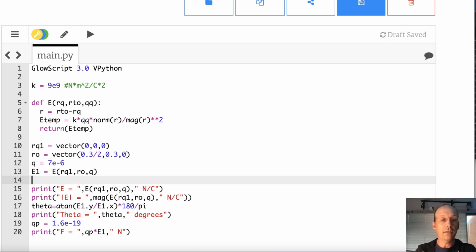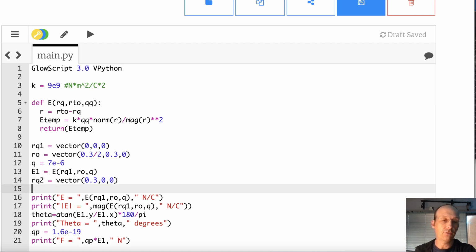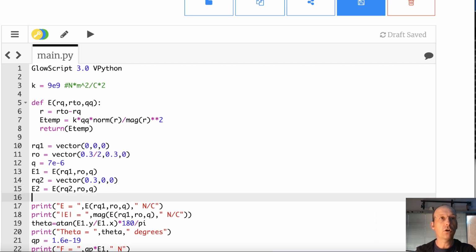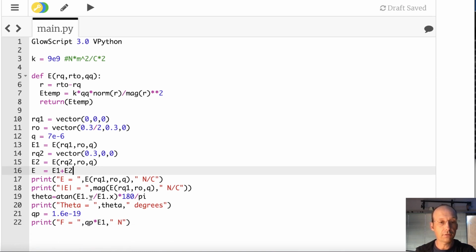Then I need RQ2 to be equal to the vector 0.3, 0, 0. I could call that Q2, but it's the same charge, so I'm just going to leave it. So now E1 is fine. E2 is going to be E of RQ2, RO, Q. Now let's say the total electric field, E, is going to be equal to E1 plus E2. And I'm going to print that. I already have that right here. I have the magnitude right there. That's fine. Theta is fine. Oh, I want to print E.